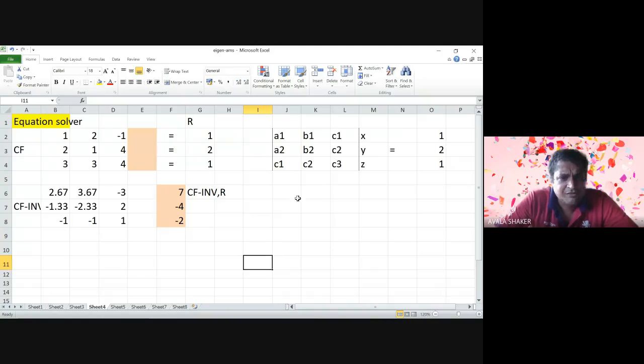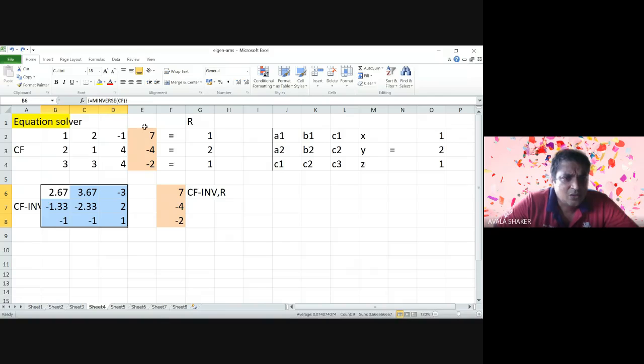So there would be different ways of solving it, right? So I have done it by this thing. One thing is you can find the inverse for this. Okay, so here you can see this array which I have selected. So what you will do is you'll say equal to M inverse.